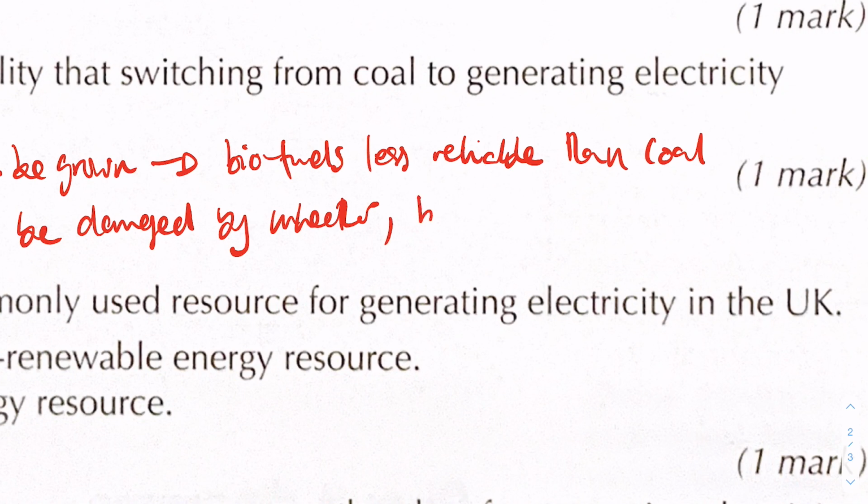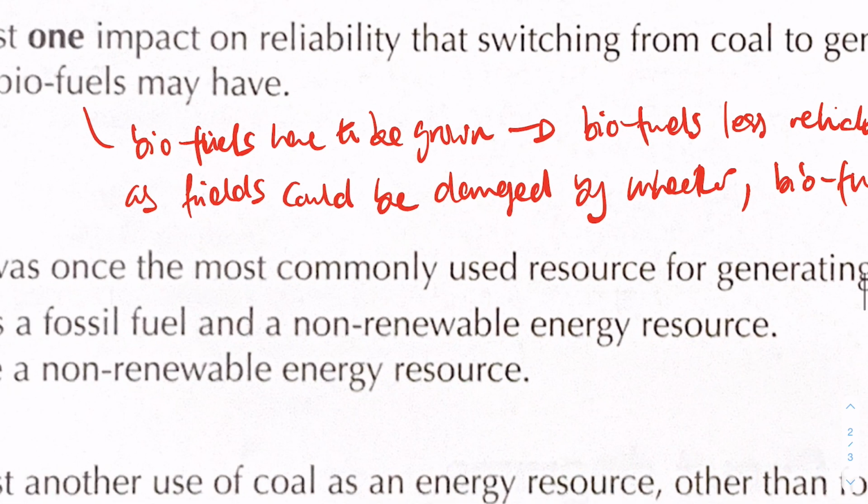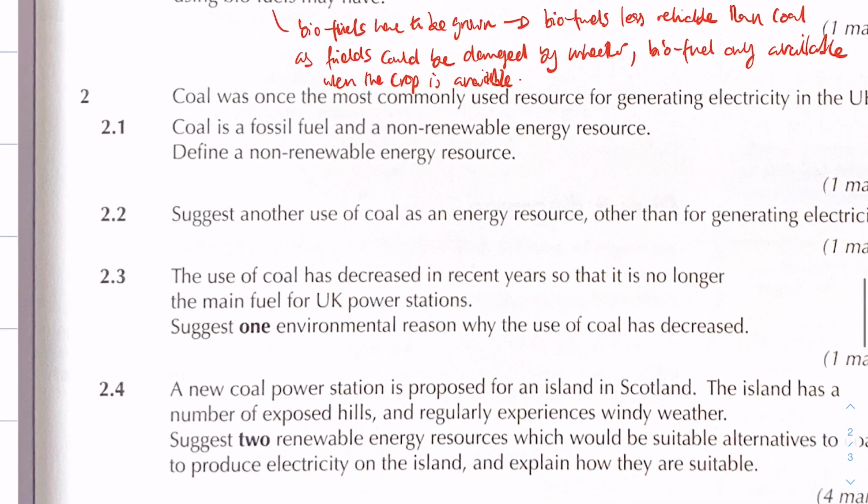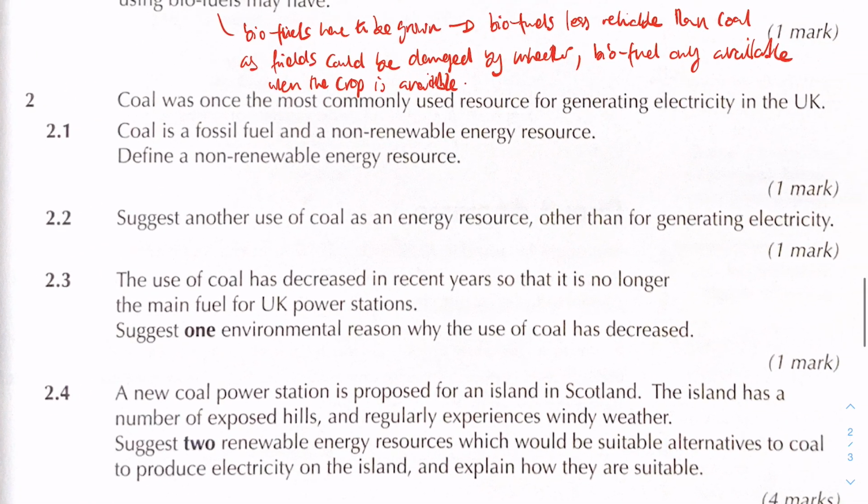Also, biofuel only available when the crop is available, whenever the harvest is. And you could store it, but storing coal is much more efficient because nothing happens to it when you store it.